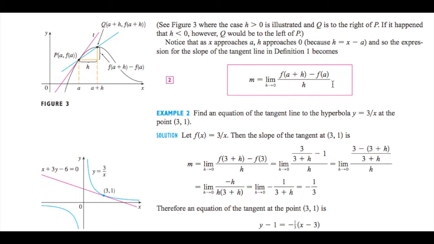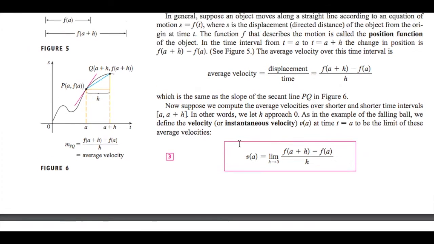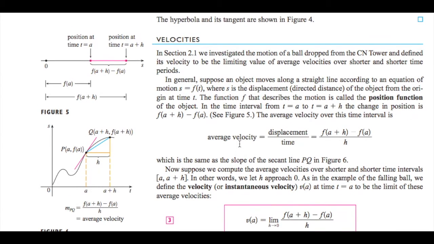This looks more complicated, but it's actually a more simplified, more beautiful form of how to calculate the derivative. And this formula is what we'll be using from now on every time you're given a function to calculate the derivative. A lot of times people use velocity. I know you guys learned in physics in the past. That is also displacement divided by time, but this is also how you calculate the instantaneous velocity, which is also the derivative.